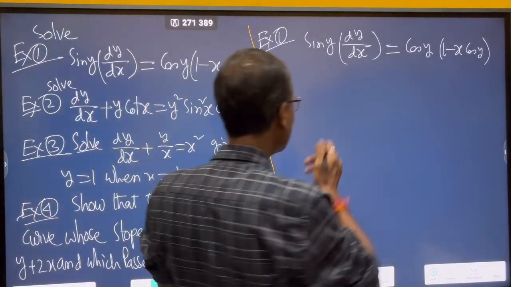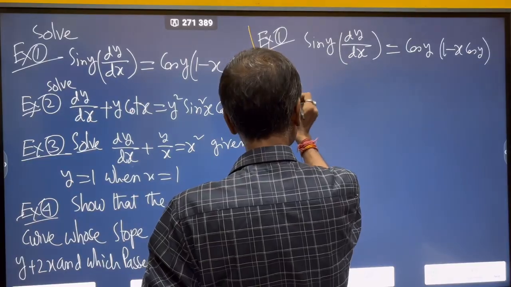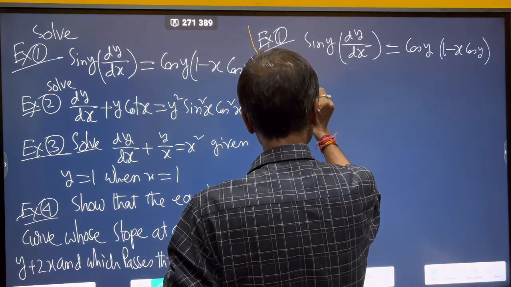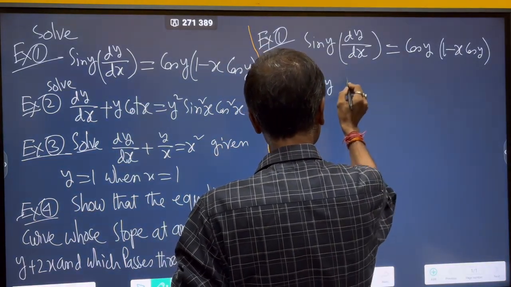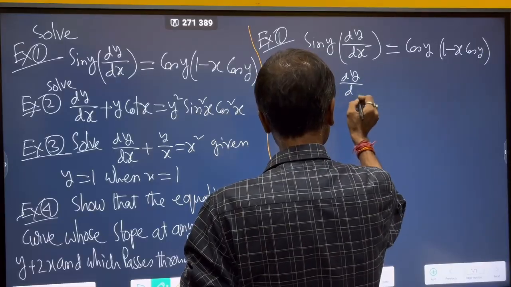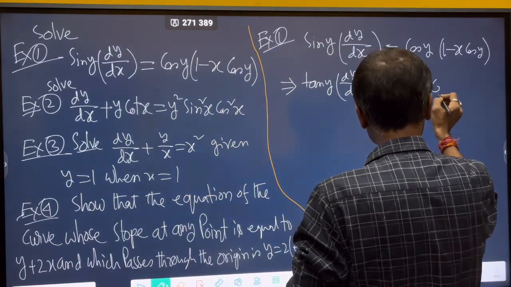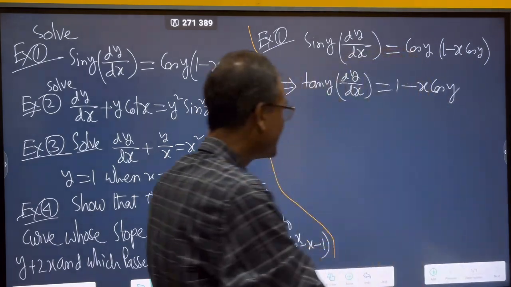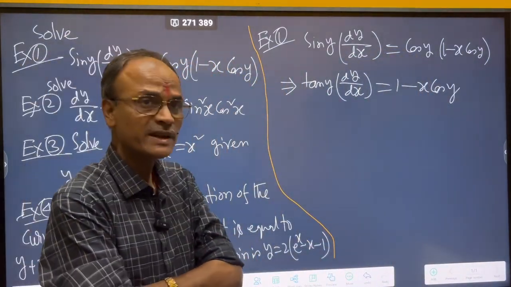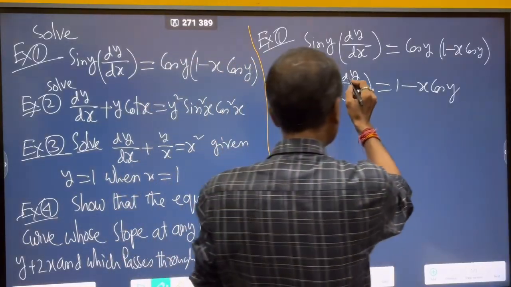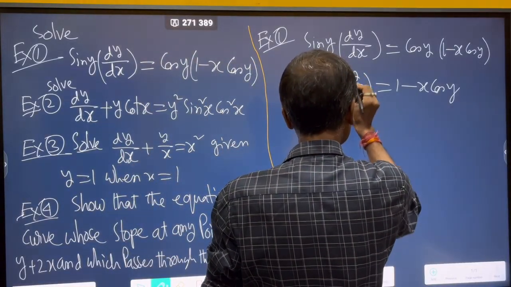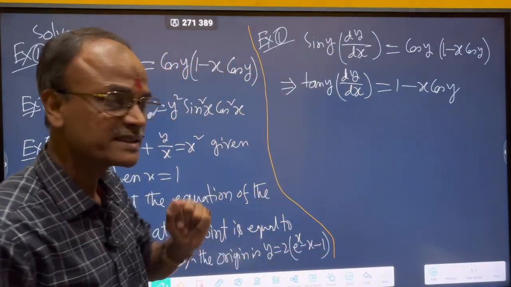This differential equation can be written as tan y dy by dx equal to 1 minus x cos y. You may write it like this: tan y dy by dx equals 1 minus x cos y.